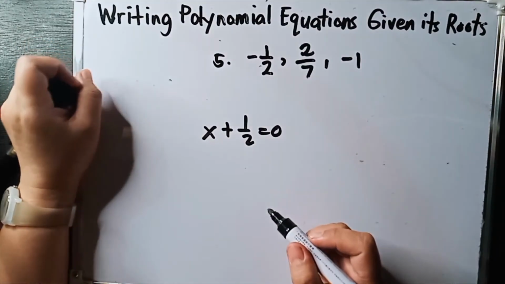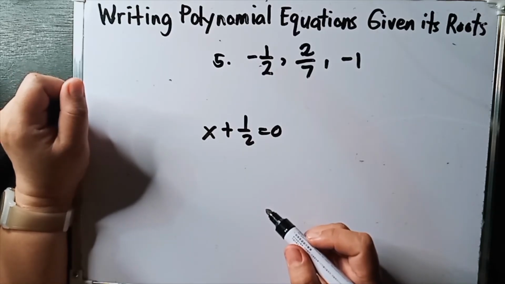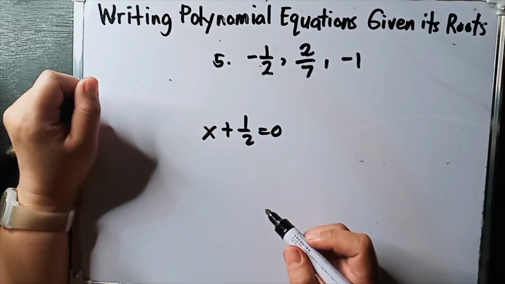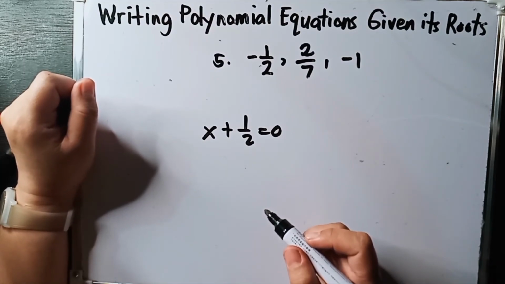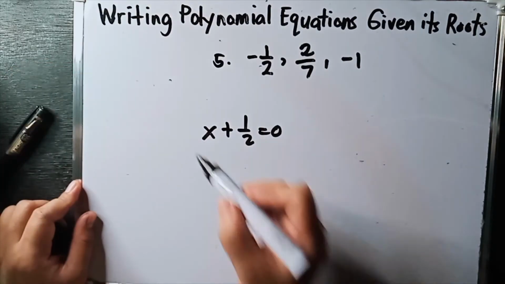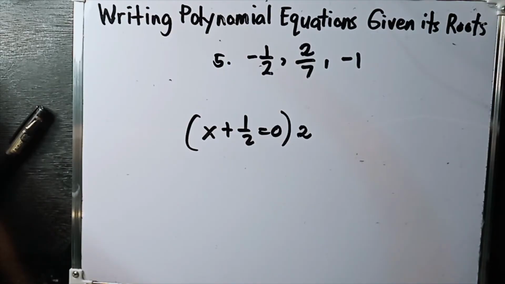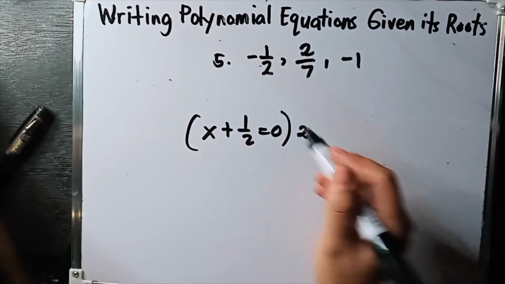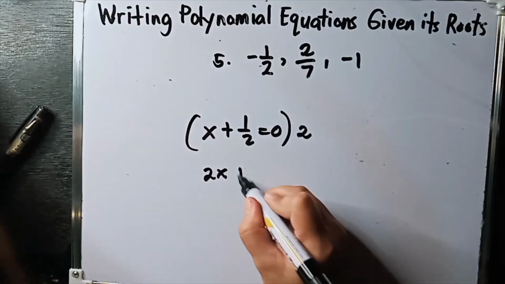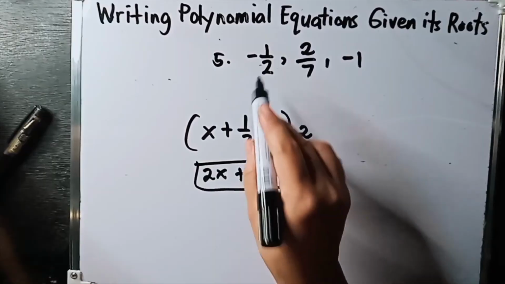So since our direction says that we need coefficients which are integers, it means that we are avoiding fractional coefficients of the terms of the polynomial equations. So you need to multiply it by 2, or get the common denominator which is 2, and then we have 2x plus 1 equals 0. So this is now the factored form for this one.